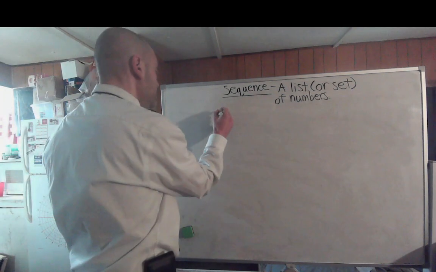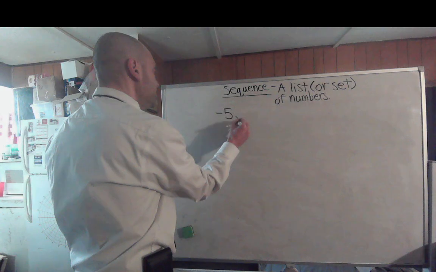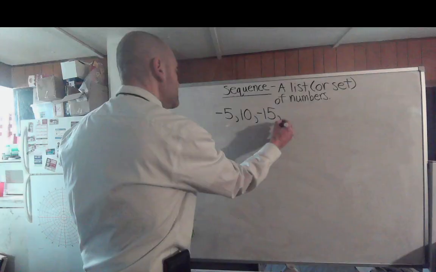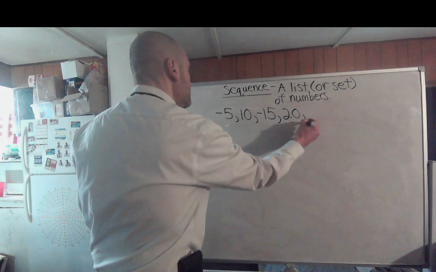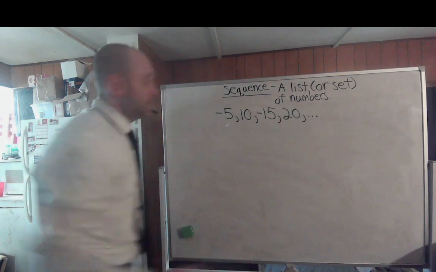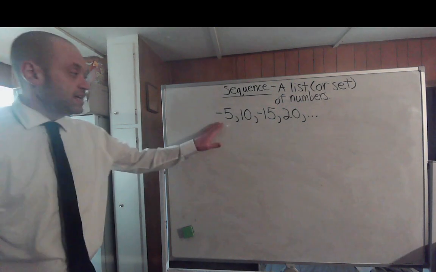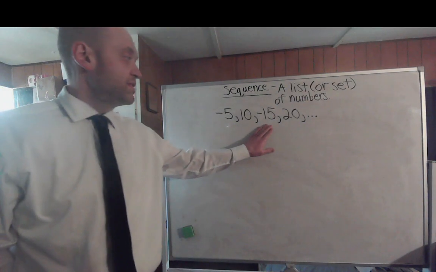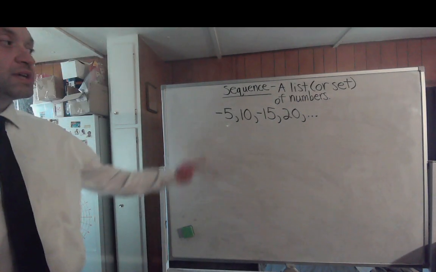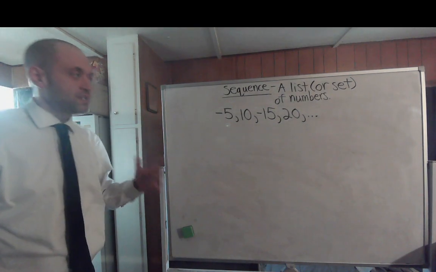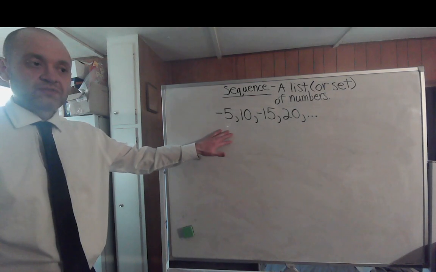Here we go. Negative 5, 10, negative 15, 20, ... Okay. So we have negative 5, 10, negative 15, positive 20. So again, it's alternating positive and negative. But notice they all still seem to be in multiples of 5, don't they?